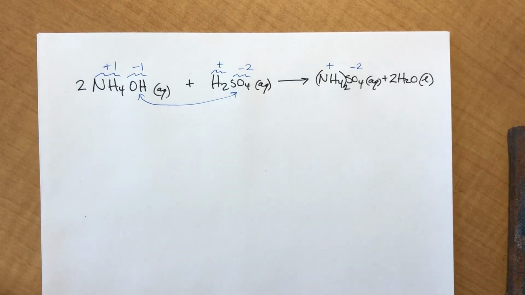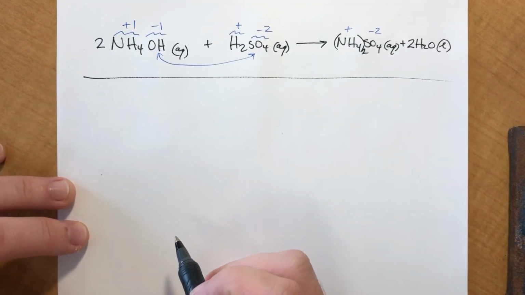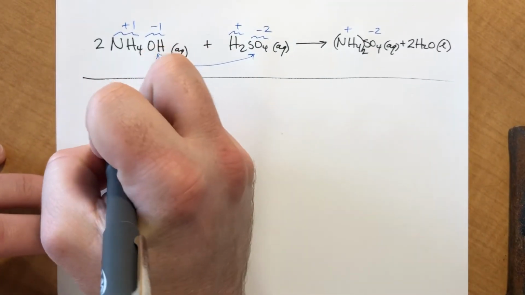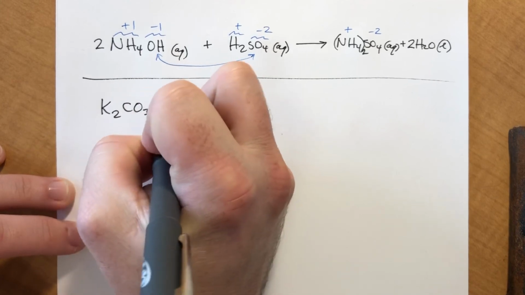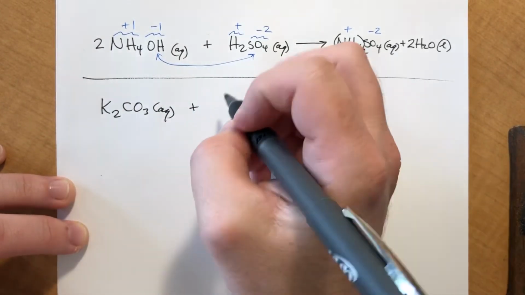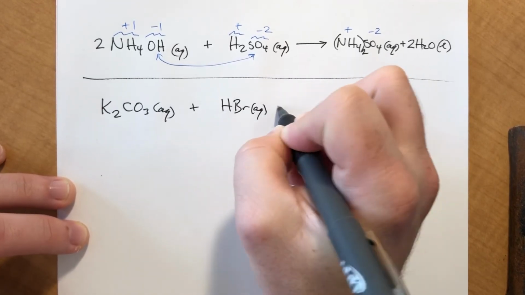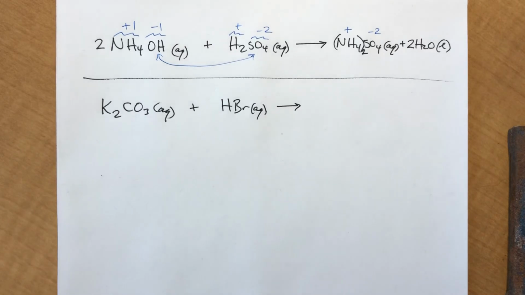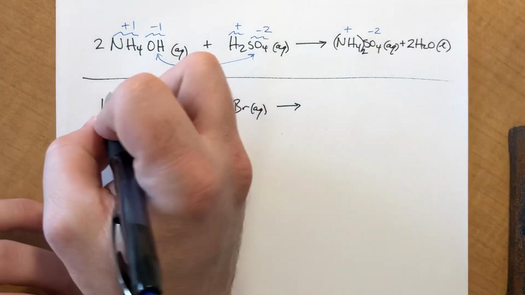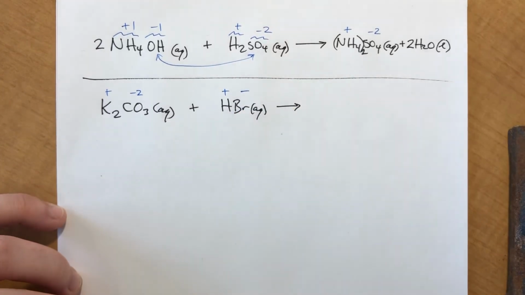Okay. Let's try one with a carbonate. So let's say we have potassium carbonate, which dissolves in water, and we react, this is going to act as a base, we need an acid. Let's do HBr, pretty common acid. We're going to look at the charges. This is plus 1, this is minus 2, plus 1, minus 1.